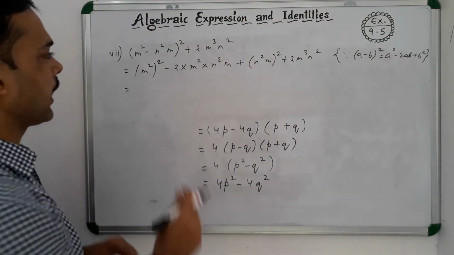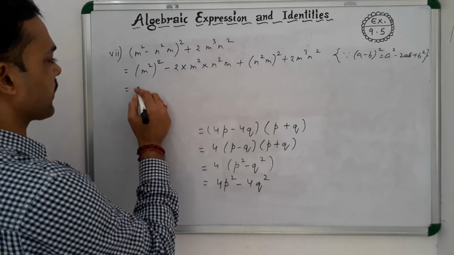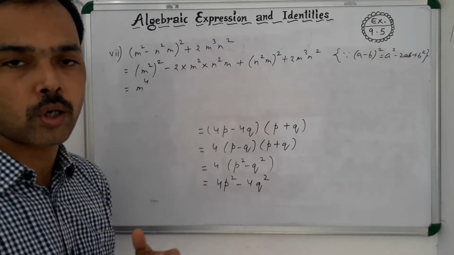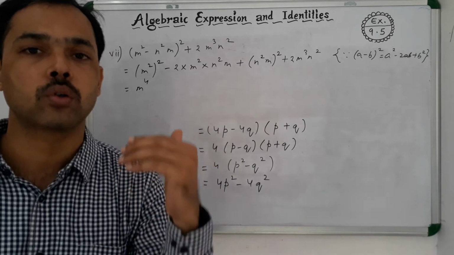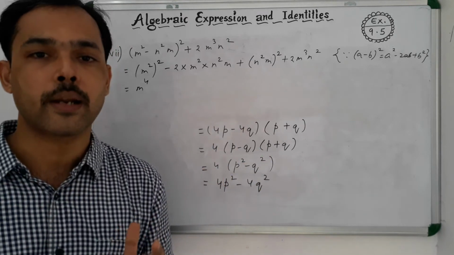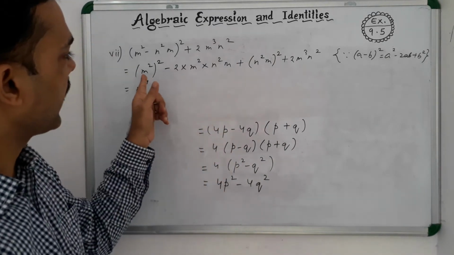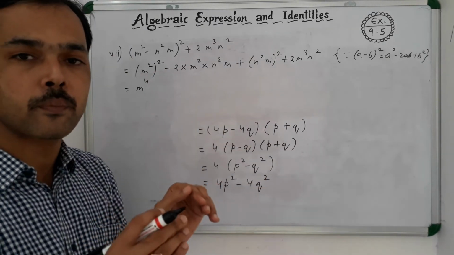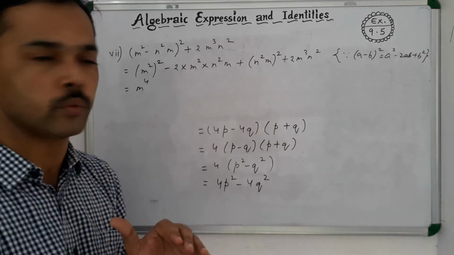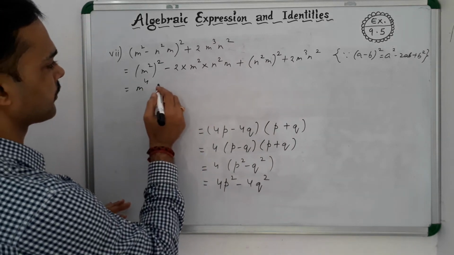Now m square whole square will be m raised to the power 4, because a to the power m whole to the power n is a to the power mn. Mn means m into n. That is why m square whole square will be m to the power 2 into 2, and 2 into 2 will be 4.